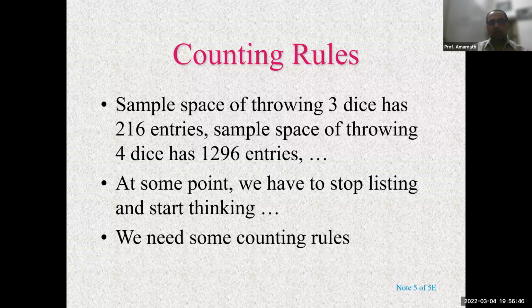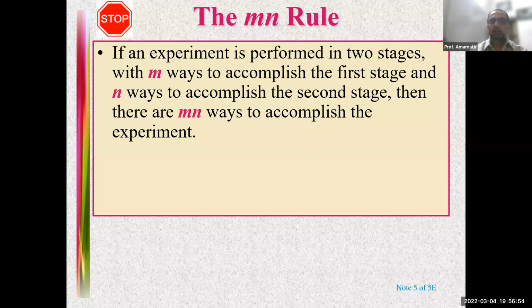So the mn rule: if an experiment is performed in 2 stages with m ways to accomplish the first stage and n ways to accomplish the second stage, then there are mn ways to accomplish the experiment. Things become a little complex from now on.